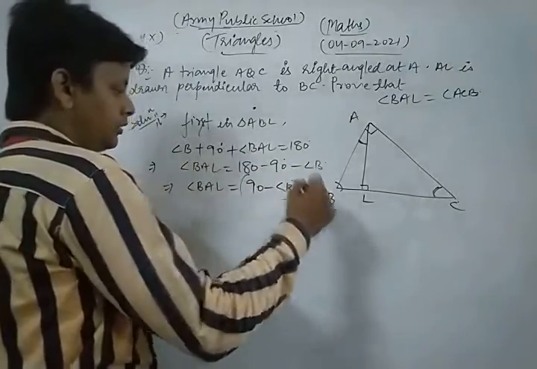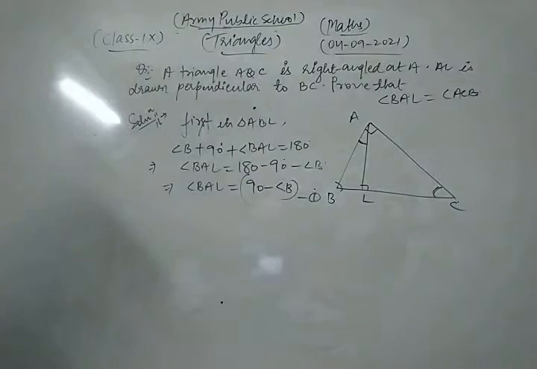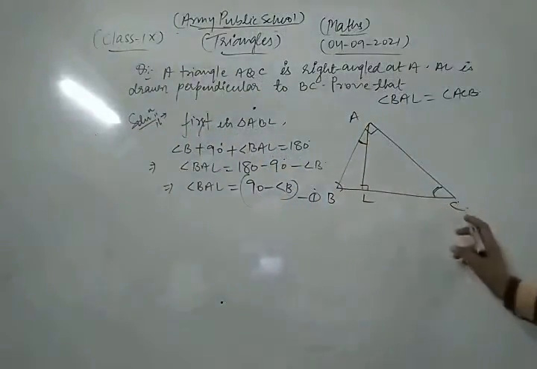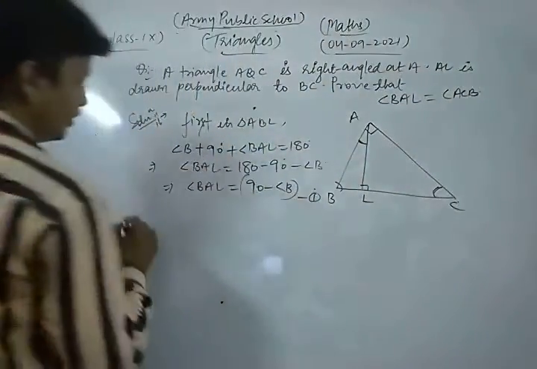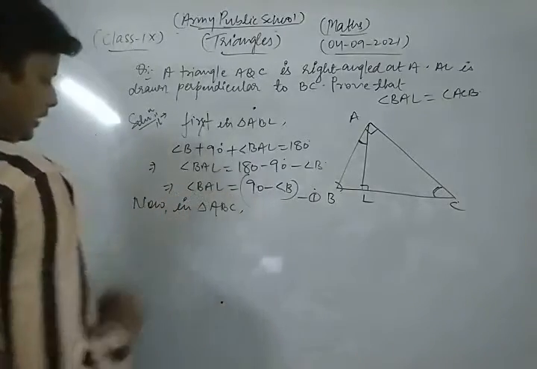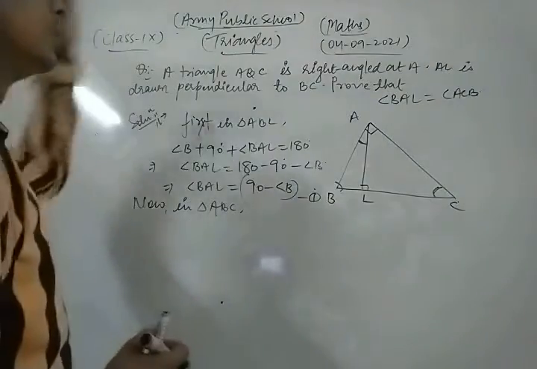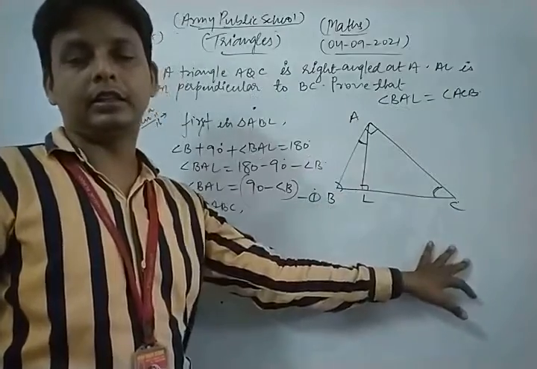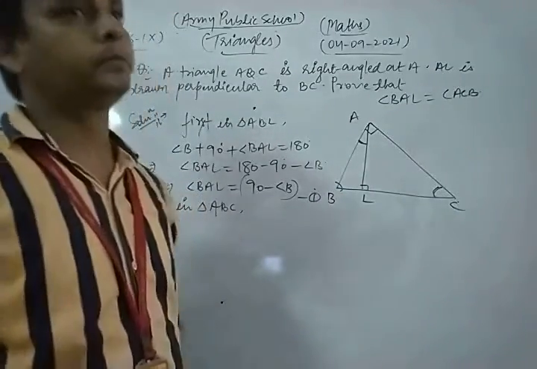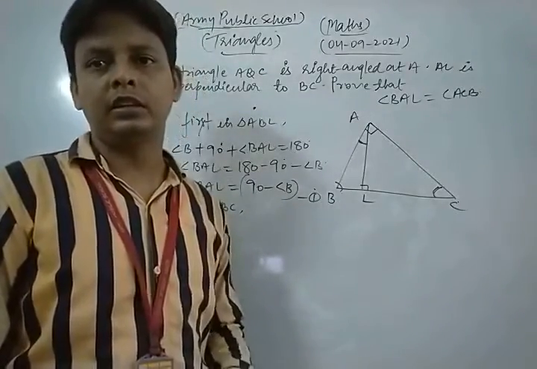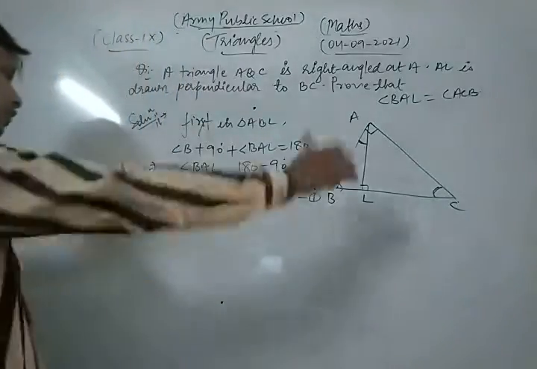We take this as equation number 1. Now, dear friends, we take triangle ABC. In triangle ABC, we apply the angle sum property of the triangle.